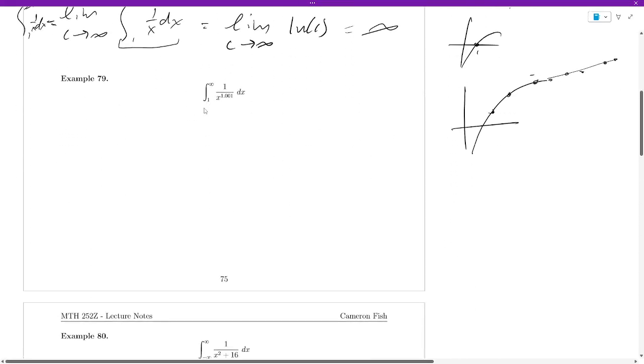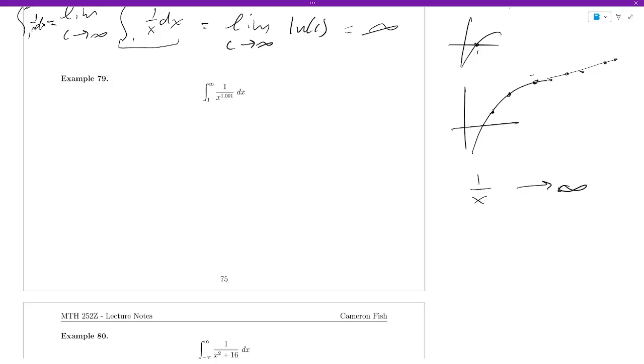Let's take a look at a version of that. Here I'm going to have 1 over x to the 1.0001. Why am I doing this? Well, because if you play around, you try 1 over x, it looks like you get infinity. If you try 1 over x squared, it looks like you get a finite number. If you try 1 over x cubed, you also get a finite number.